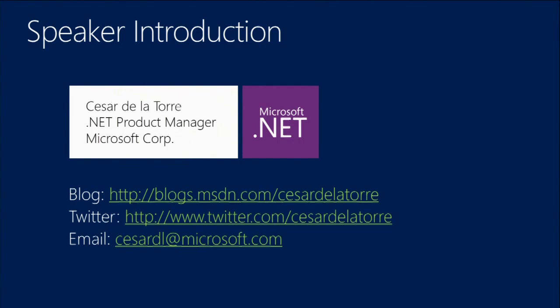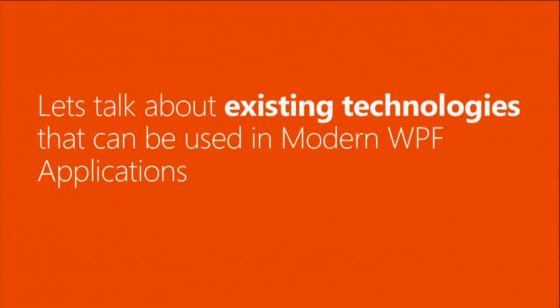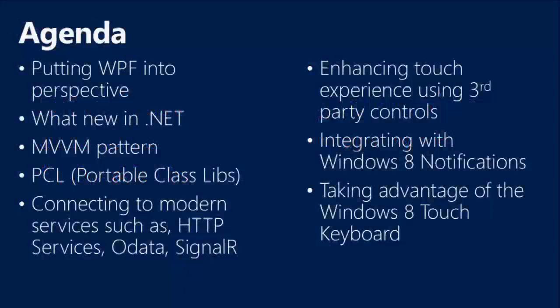And let's start. So the agenda here is basically about existing technologies that you can use to modernize your WPF application. The details of the agenda are: putting WPF into perspective, what's new in .NET, and a little bit about what's new in .NET 4.5.1.